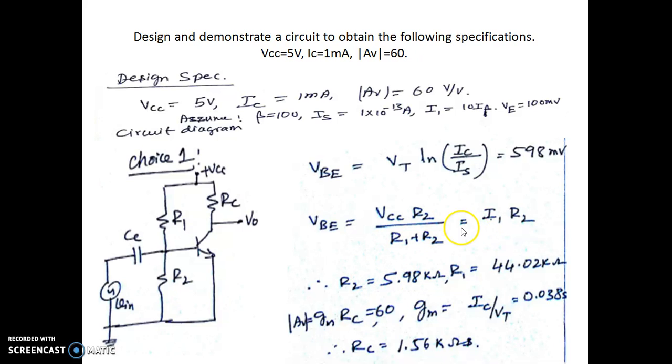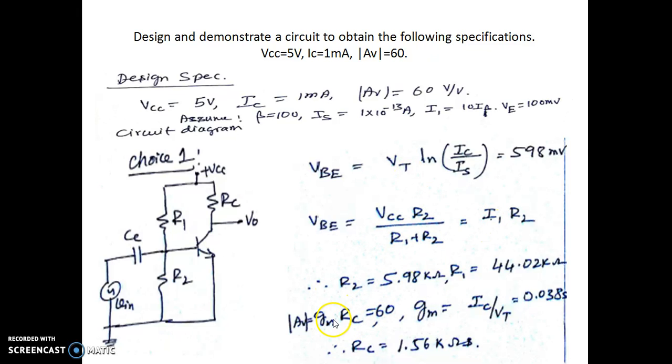I1 is actually 10 times IB. IB is IC divided by beta, so it is 10 microampere. So I1 happens to be 100 microampere.